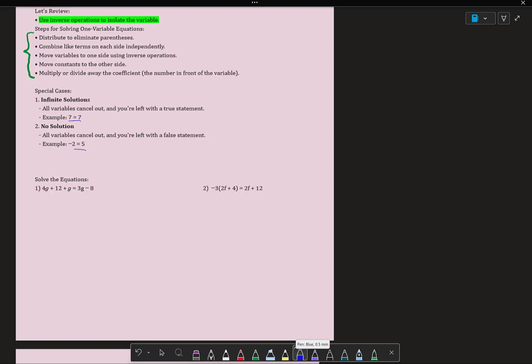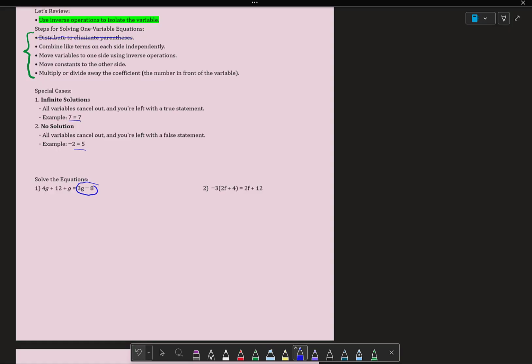So example 1, solve the equation 4g plus 12 plus g equals 3g minus 8. So let's follow these steps. We do not have to worry about the first step because there are no parentheses. The next step says combine like terms on each side independently. On the right side, you have 3g minus 8.